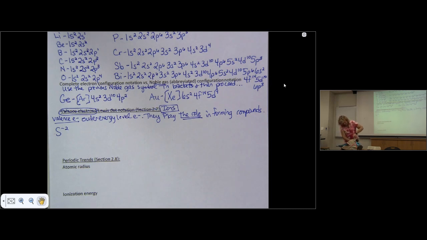Now, in order to do that, you have to remember what happens to sulfur to make sulfide. So see if you can figure out sulfide.